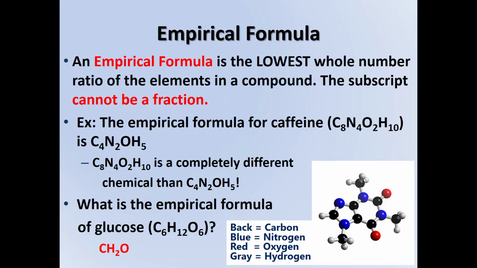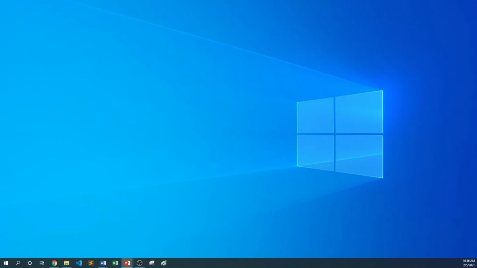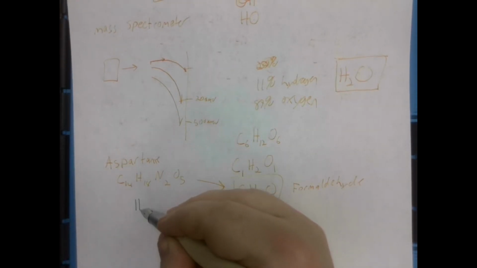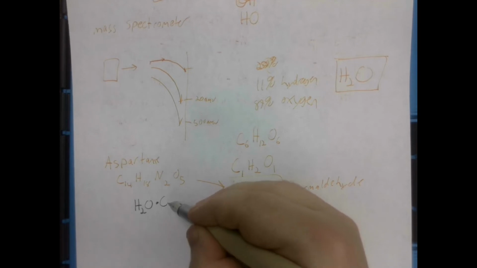By the way, to answer your question, do you know what the formula is for carbonated water? There is no formula for it. It's a mixture. CO2 is just dissolved in the water. It's not chemically bonded to it. You could maybe, I'm not entirely sure if this is right, write it as H2O dot CO2.